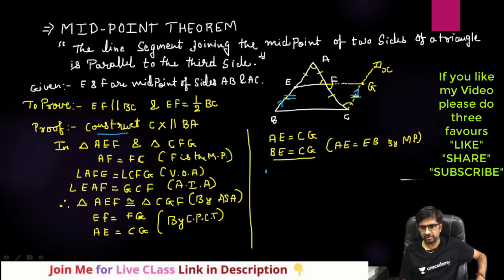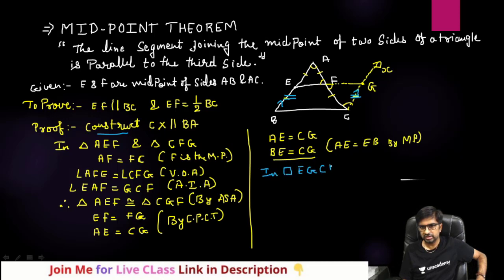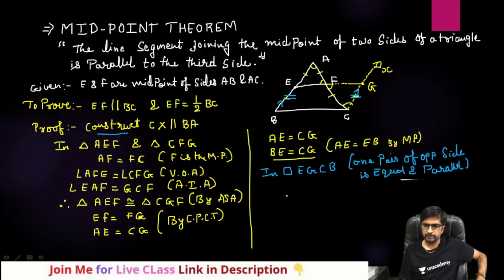So in quadrilateral EGCB, one pair of opposite sides is equal and parallel, therefore it forms a parallelogram. Quadrilateral EGCB is a parallelogram.